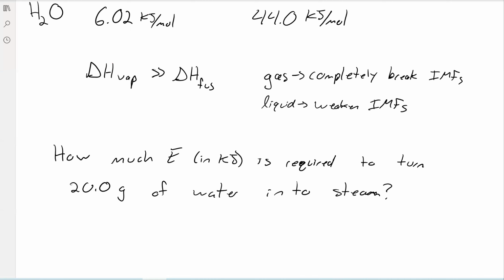So again, a big thing in general chemistry is going from these word problems to some sort of mathematical equation, and then ending up with some kind of numerical value. So if we think about what we have here, what our question is asking is water into steam. What kind of phase transition is that? Well, that's boiling or vaporization.